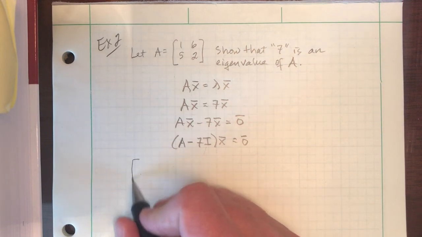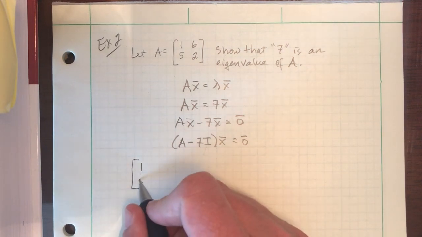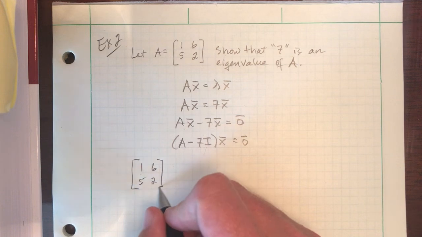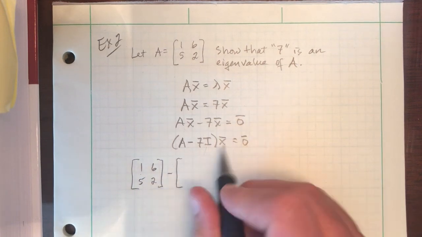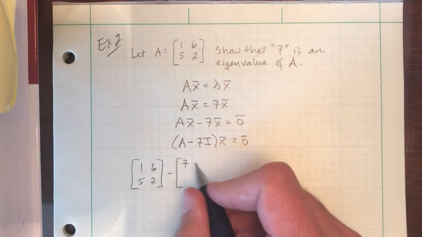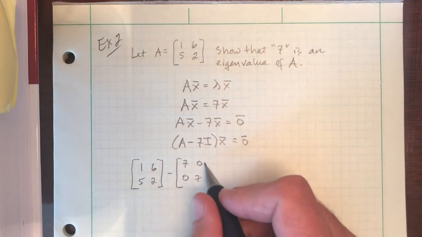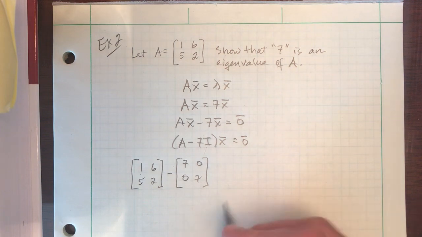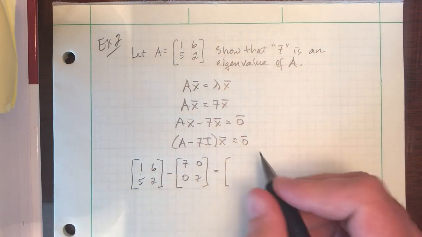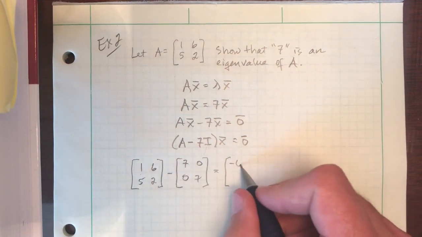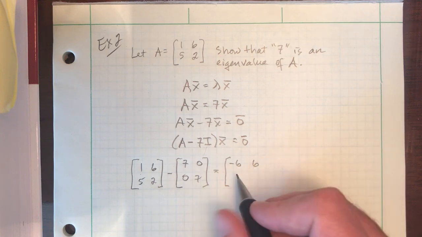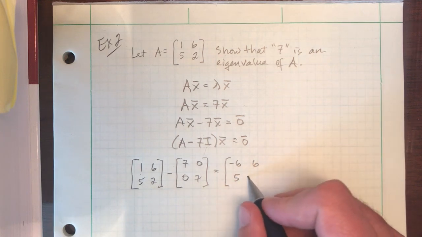Let's take my A matrix, and we're going to subtract 7 times the identity, which would just be 7 times 1, 0, 0, 1. And let's see what that looks like: 1 minus 7, 6 minus 0, 5 minus 0, and 2 minus 7.